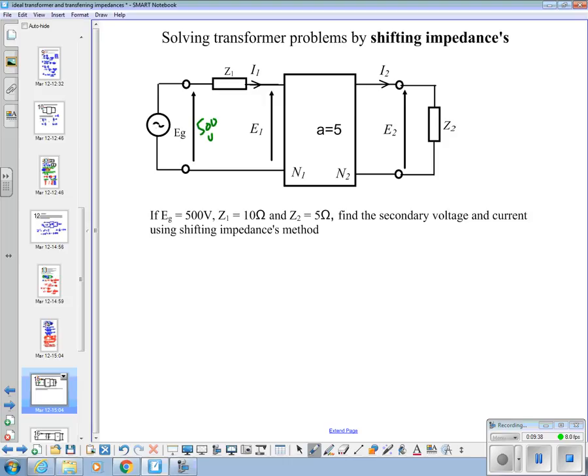Z1 is 10 ohms. Z2 is 5 ohms. Find the secondary voltage, E2, and the current, I2, using the shifting impedances method. So where are we going to start with that problem?